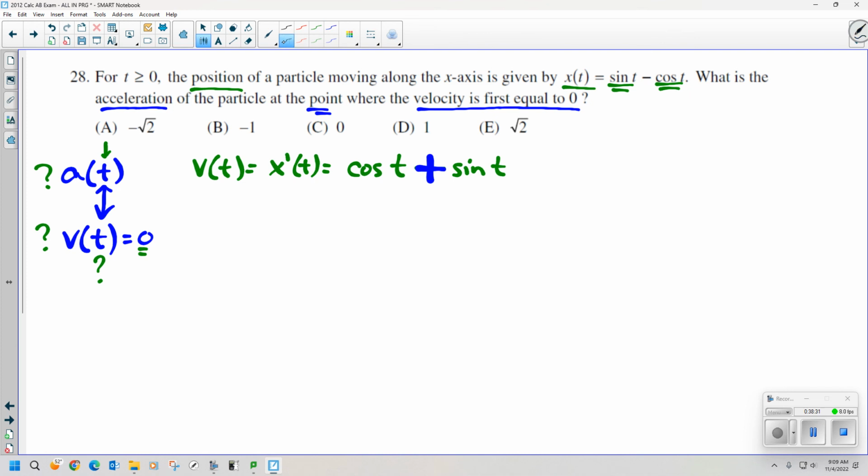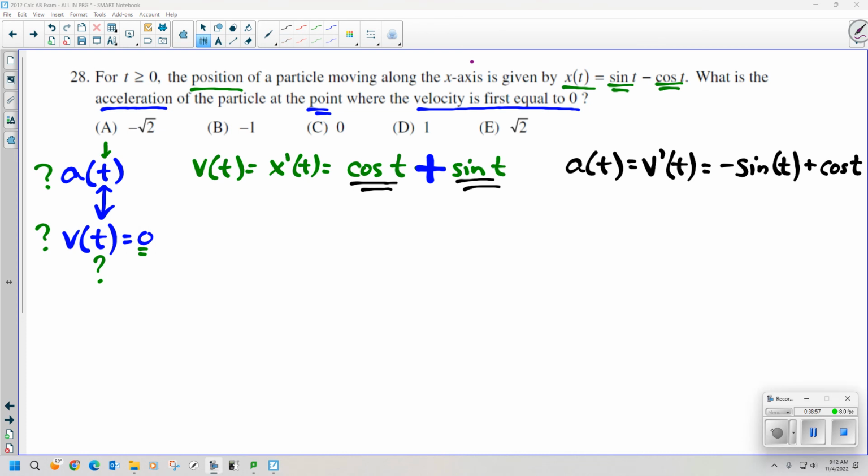Acceleration is the derivative of velocity. Okay? The derivative of cosine is negative sine of t plus the derivative of sine is cosine of t. That's acceleration.